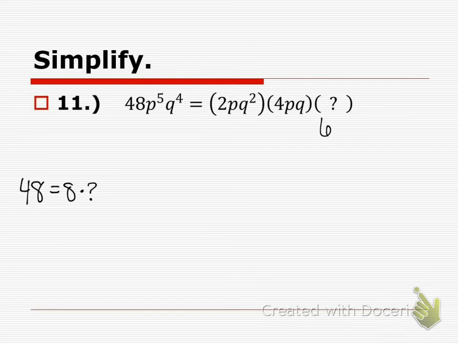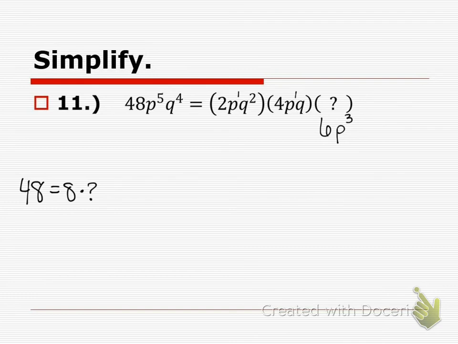The other p is also to the first power. So when we add them, we get p to the second. So what would we need our power on p to be down here if in the end we want a 5th power? 3. Okay, 1 plus 1 plus 3 is the 5th power.